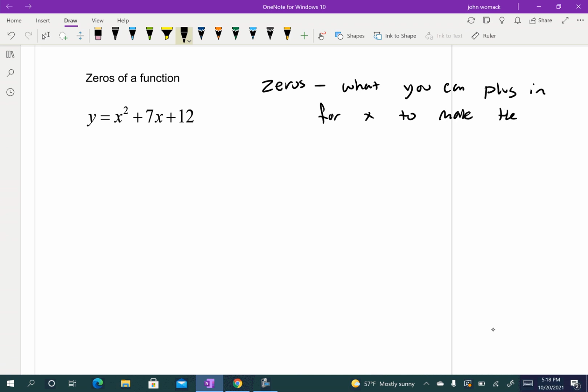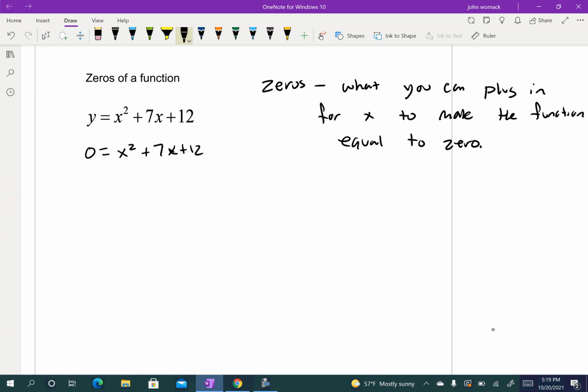So what can I plug in for x to make a function equal to 0? The way we did this is I want to make the function, or the y, equal to 0. So really all I'm doing is putting 0 in for y.